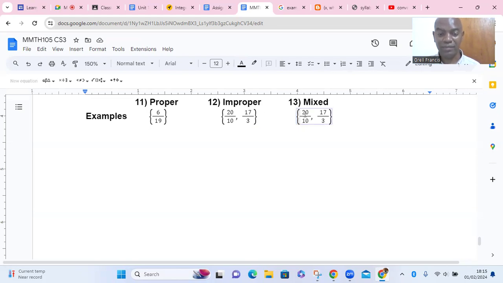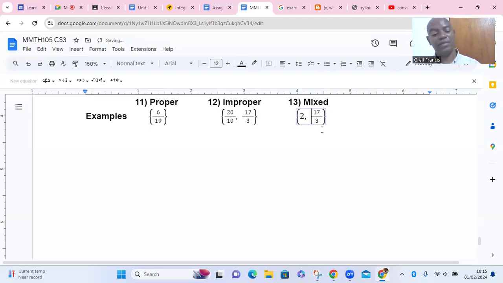20 over 10. Well, 20 over 10 is actually 2, remainder 0. And 17 over 3. You can write this as 3 into 17 was 6 times, 6 threes.